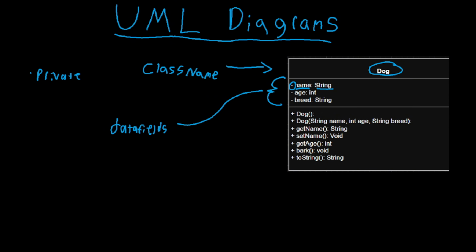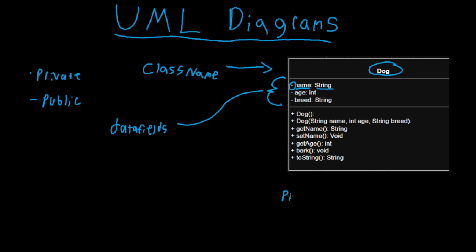Or you'll see a plus, which just means public. So looking at this UML, we know that we have a private characteristic, name, which is of type String. If we were to code this really quick, it would look like this.